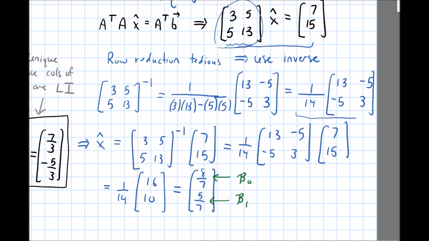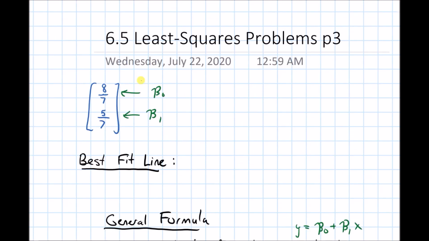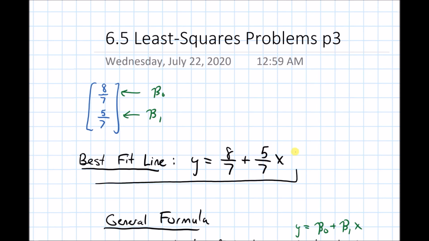So now let's write down the equation of our line. I've just copied down the vector from before. Our best fit line's equation would be y equals, first I write beta naught, 8/7, that's our constant term, plus beta 1, 5/7 times x. And that's the best fit line for our data.